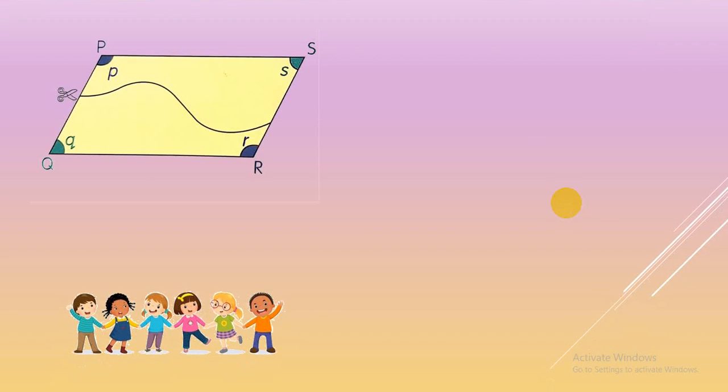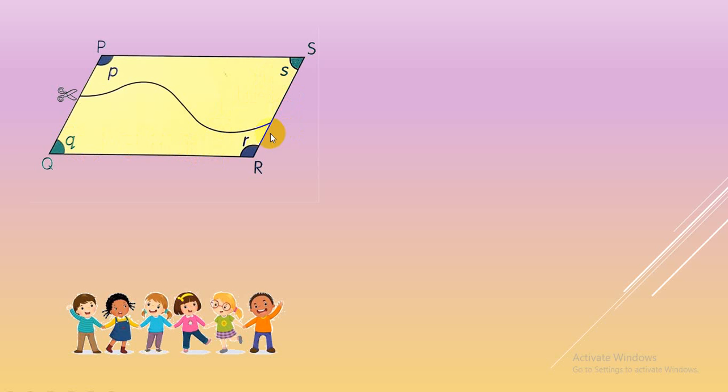Now, what are the two pairs of angles between the parallel sides PS and QR? They are angle P, angle Q, and then angle R and angle S.